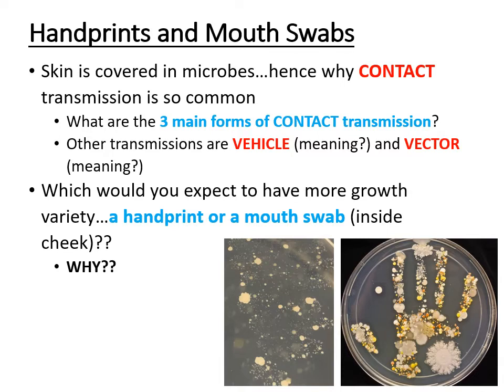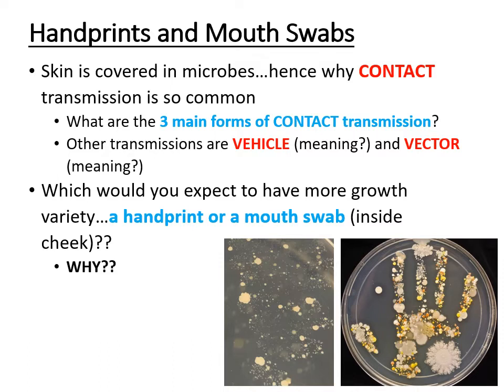Now, when we say contact transmission, that basically means you are touching something that ends up making you sick. You are getting sick usually from contact with a sick person. Now, there are three main forms of contact transmission. There's direct, there's indirect, and there's droplet contact transmission.